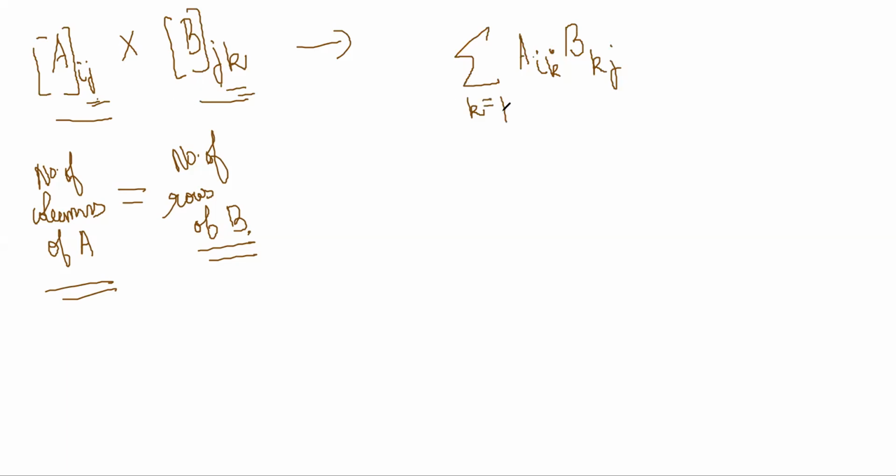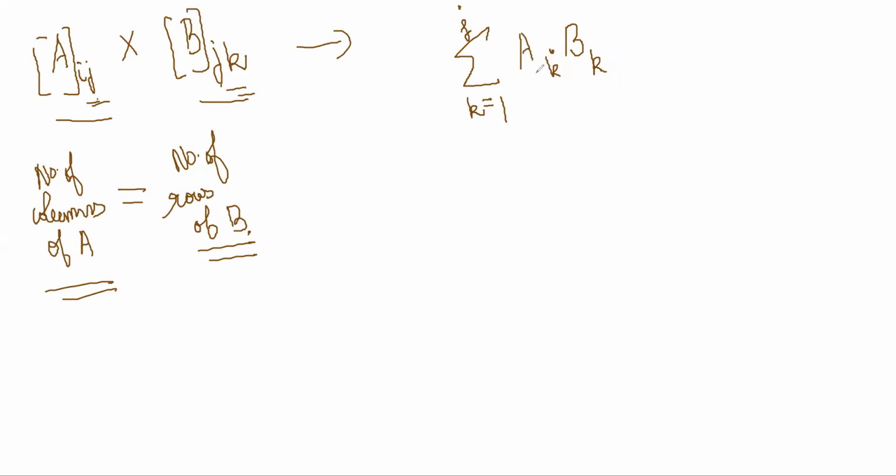So let's try to understand how many terms there will be. K goes from 1 to, what is the maximum? J, 1 to J. J is the order, right? I should not have named it as I in this. I should have named it differently. These ones are not so important.